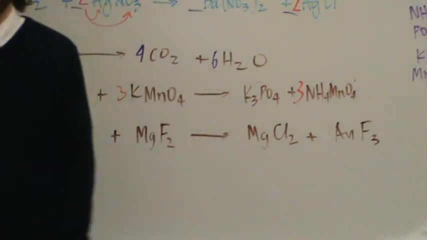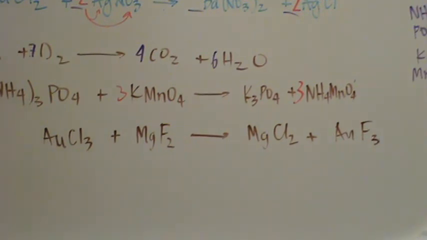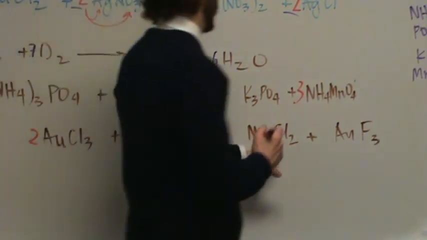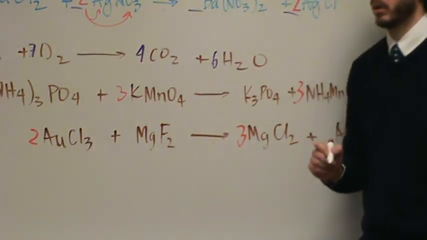You have to get them both to a common number, okay? There's no easy way to get a 3 and a 2 to balance out, but we can do that if we get them both to 6, a common multiple of 2 and 3. So to get this to 6, I'm going to put a 2 out front here, and to get this to 6, I'm going to put a 3 out front.